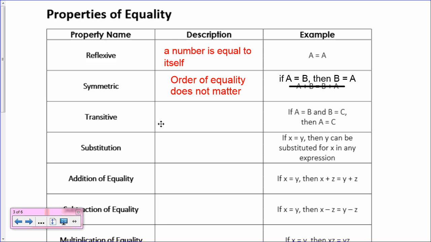Okay? Transitive property says that two numbers equal to the same number are also equal with each other. So, look at this. This is going to be easier. Think of a train kind of when you hear this. If a equals b, so train goes from Washington to New York, and b equals c, so from New York to Canada, then a equals c as well.